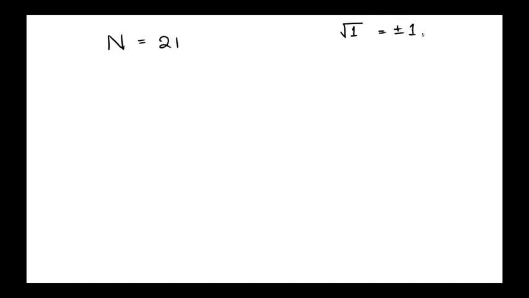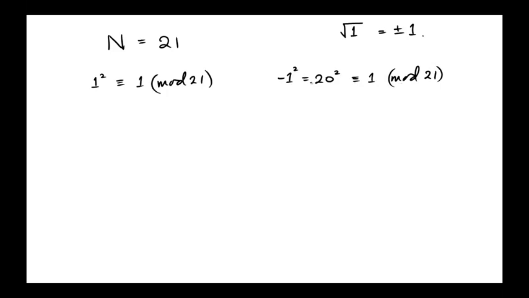And of course, that's also true mod n. So 1 squared is congruent to 1 mod 21, and minus 1, which is also 20, when you square it, you'll also get 1 mod 21.